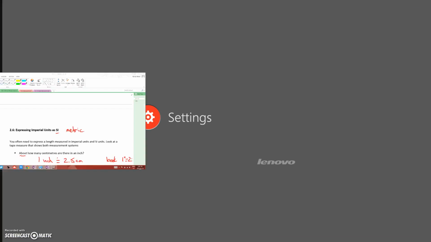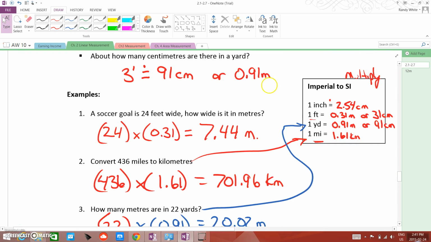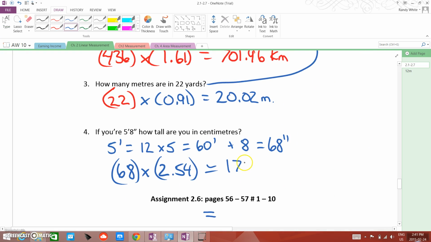So 172.7, just one decimal place is good enough.